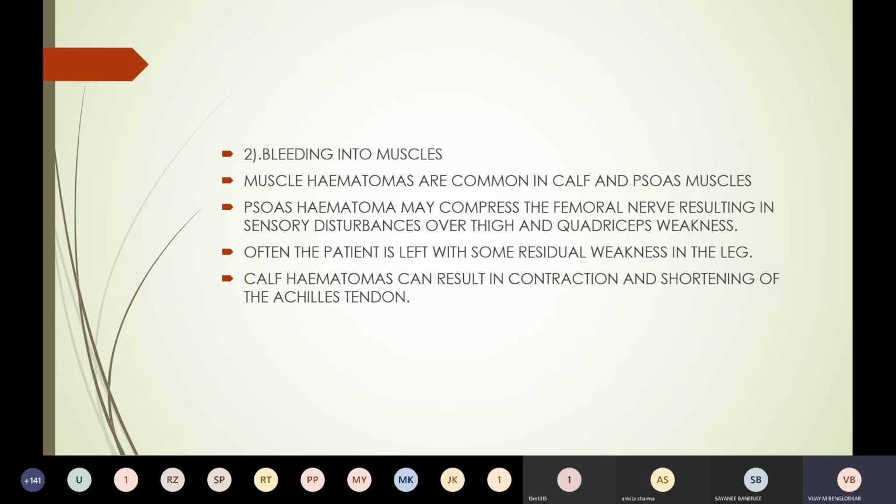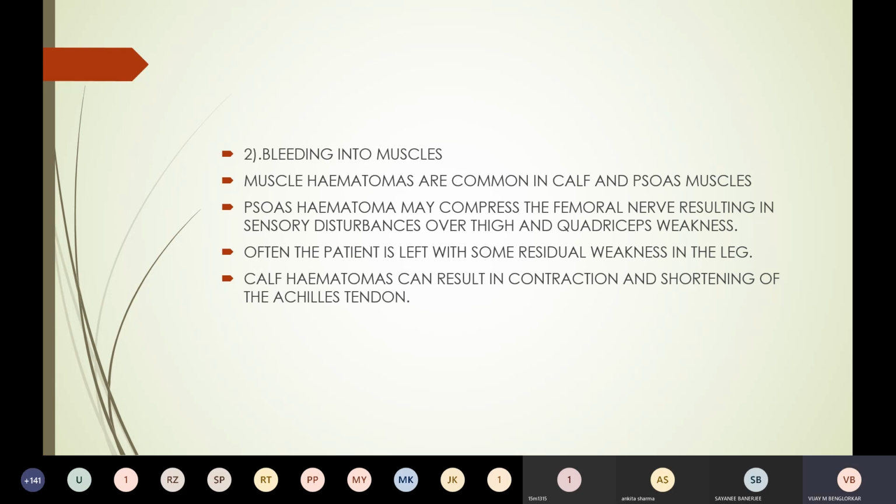So these muscles will be weak. Patient will have sensory disturbances over the thigh and quadriceps weakness. So often the patient is left with some residual weakness in the leg.